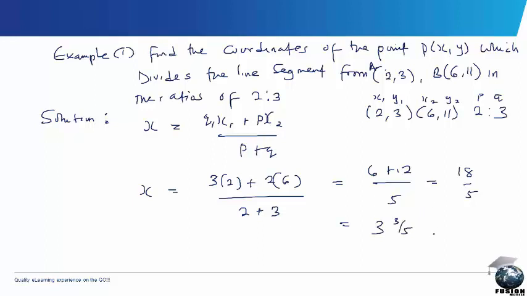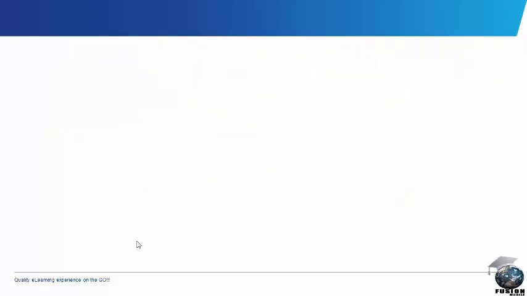Alright, so this is the coordinates of the point xy, which divides the line segment into the ratio 2:3. And then for y we derived that we want to find the coordinates of the point for y, and then we have y equals q of y1 plus p of y2 all over p plus q.